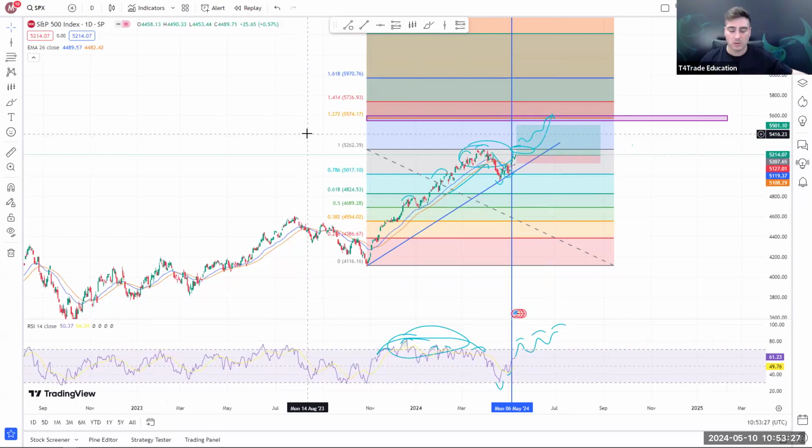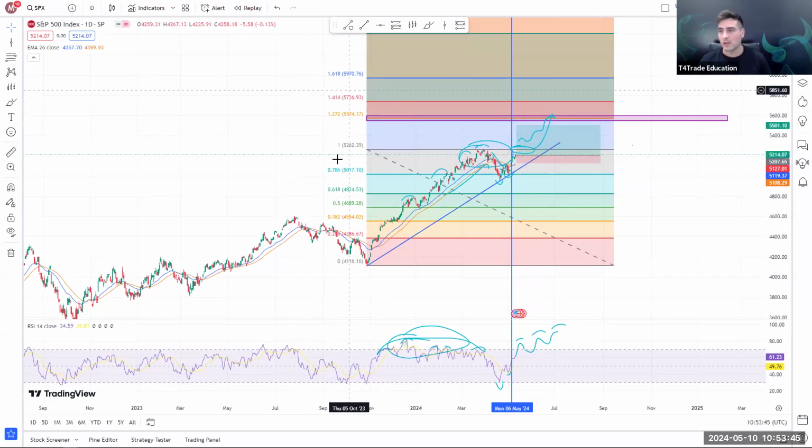Again, it's not 100% guaranteed that it's going to move towards that level. Please digest this. Use this as supplementary, for you to have an idea where the price action might stall in the near future.